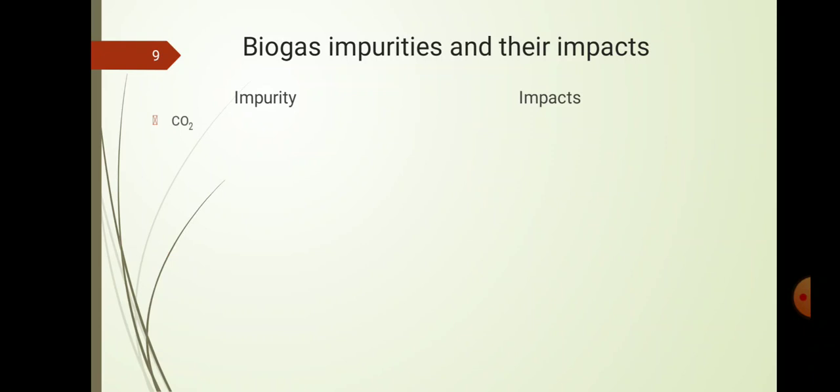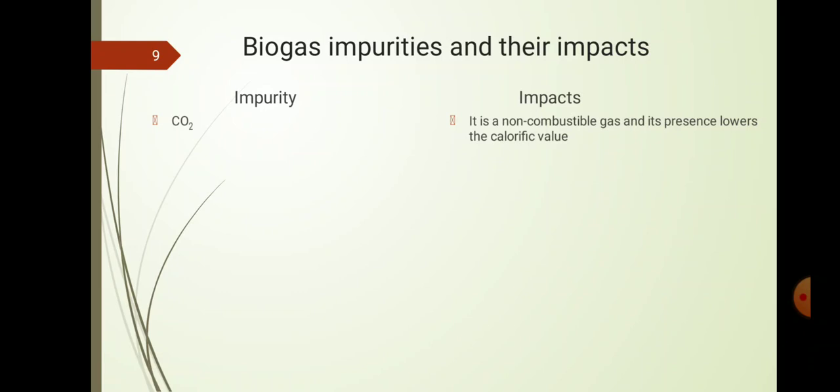Then another important component is carbon dioxide. We know that almost 10 to 20% or more of biogas will be carbon dioxide, so we cannot avoid that. But the problem is that carbon dioxide is a non-combustible gas and its presence will lower the calorific value of biogas. If carbon dioxide is present in a large amount, the calorific value of the biogas will be very low. If you remove carbon dioxide, you will get a higher heating value.